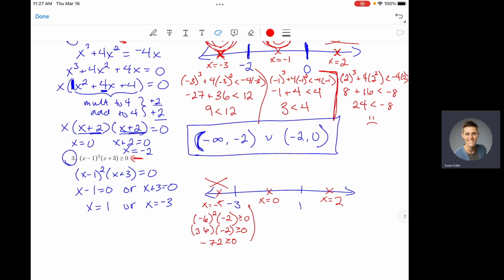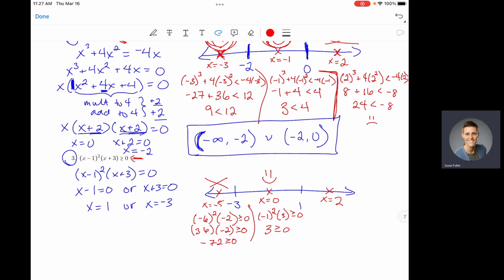When we plug in x equals 0, we get negative 1 squared times 3. My inequality says that should be greater than or equal to 0. Negative 1 squared is a positive 1 times 3 is a positive 3. That is, in fact, greater than or equal to 0, so this guy works.